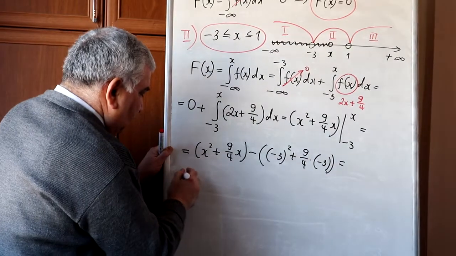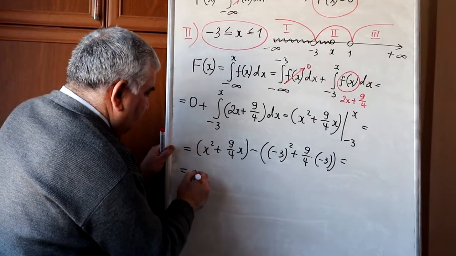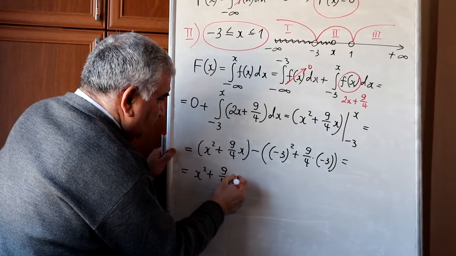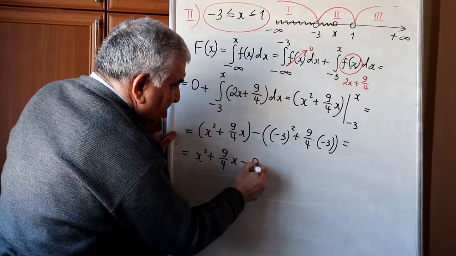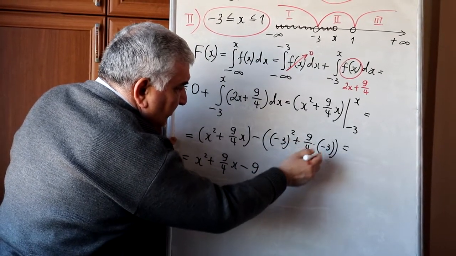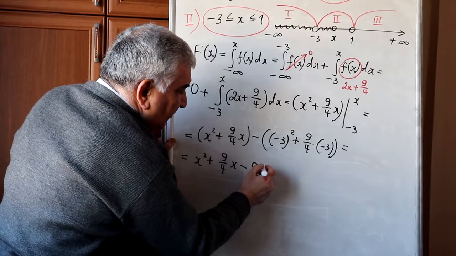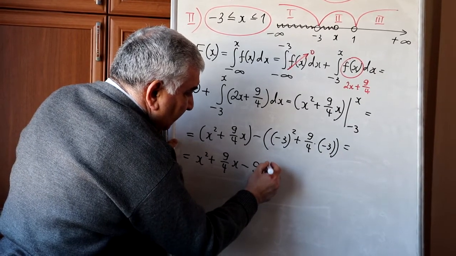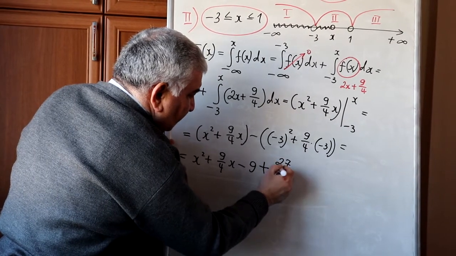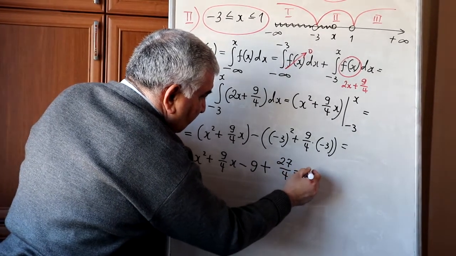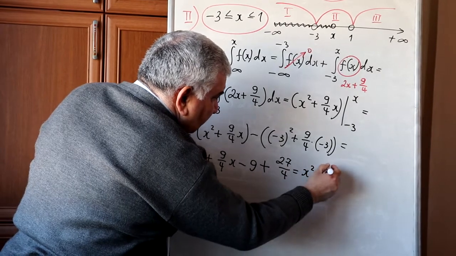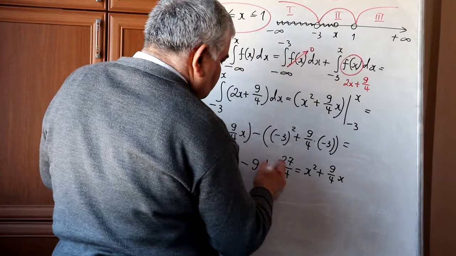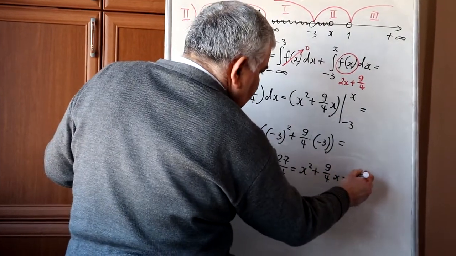equals, then open brackets, x squared plus 9/4 x minus 9, and minus minus 27/4, we obtain plus 27/4, which equals x squared plus 9/4 x minus 9/4.